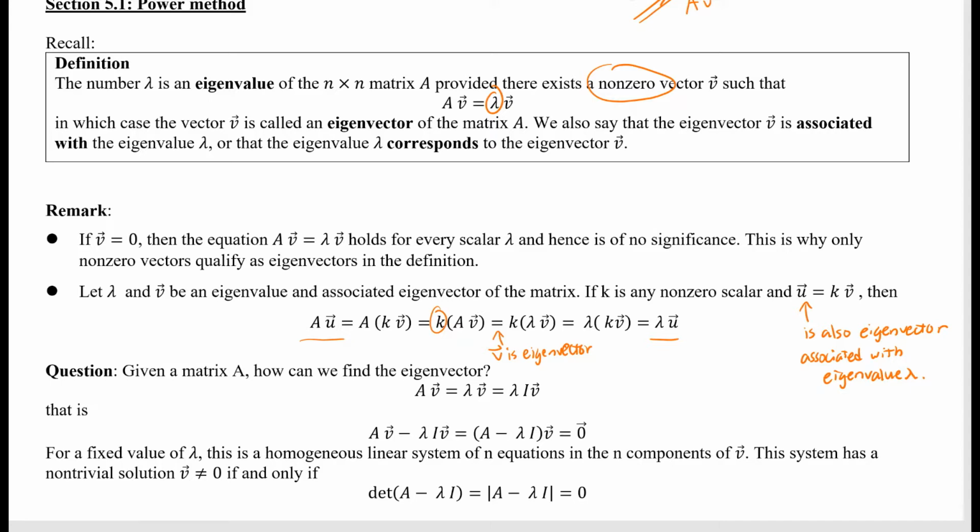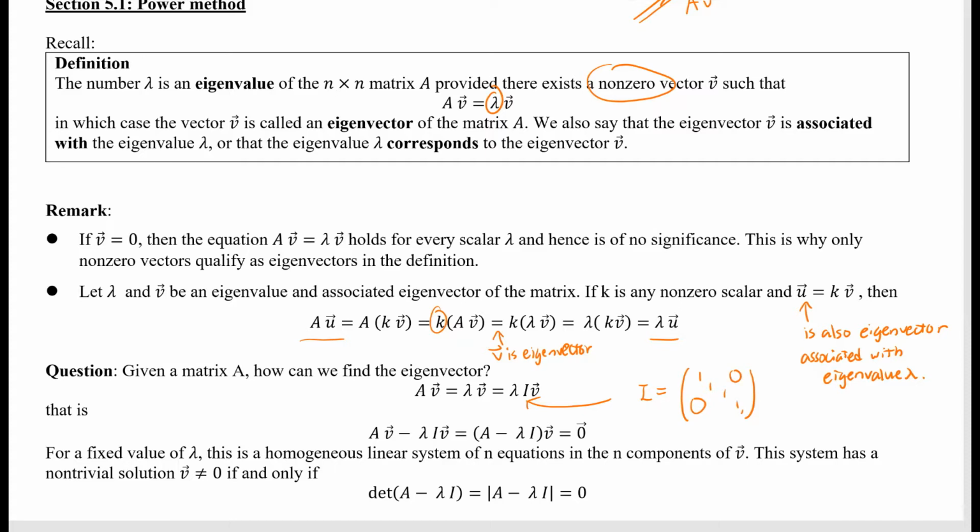Okay, question. Given the matrix A, how can we find the eigenvector? Recall that Av equals lambda v, but we can consider lambda v as lambda times the identity matrix times v. This I is the identity matrix. We have 1 on the diagonal, and the rest just zeros.